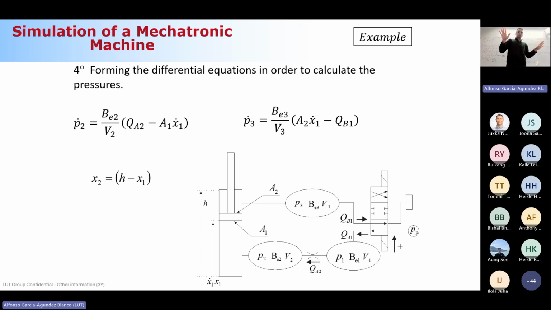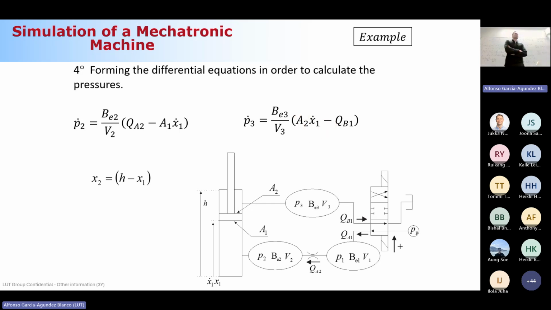No, I don't have incoming flow rates. Do I have outcoming flow rates? Yes, which is this QB1 that is going through the directional control valve to the tank, okay? To the tank, perfect. So since it is an outcoming flow rate, which is QB1, you agree with me that I write it with a minus sign, no? Minus QB1.